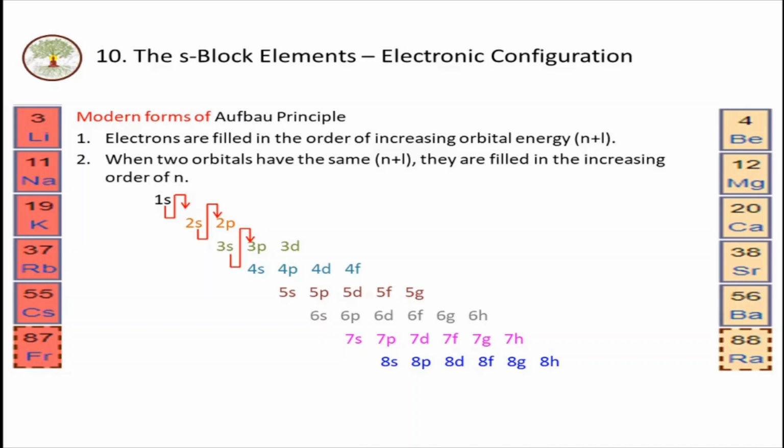It was further investigated and explained by Charles Janet in 1929, Erwin Madelung in 1936, and V.M. Klechkovsky in 1957. Therefore, sometimes this principle is also known as Janet rule or Madelung rule or Klechkovsky rule. But since Aufbau was the first to explain this, it is generally referred to as the modern form of Aufbau principle.